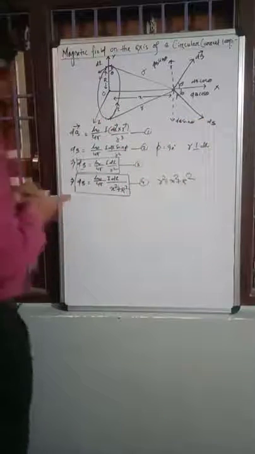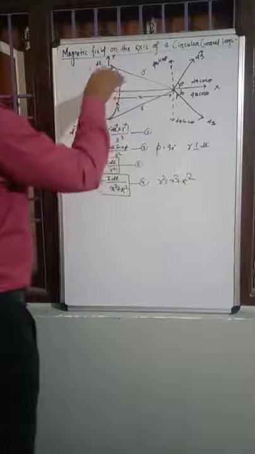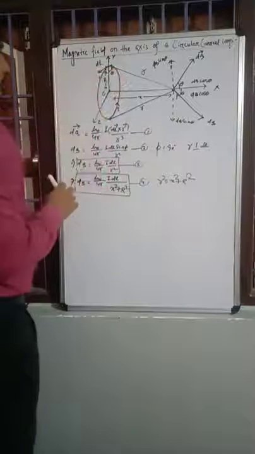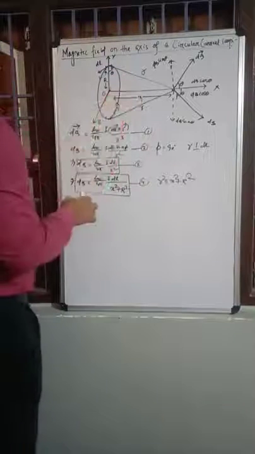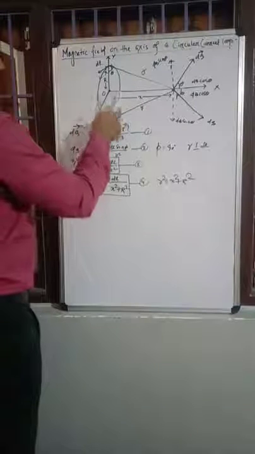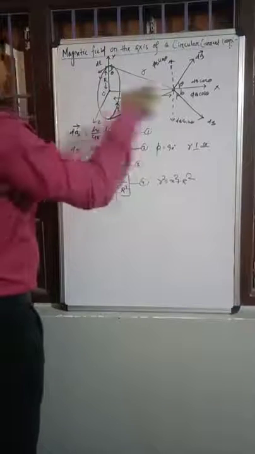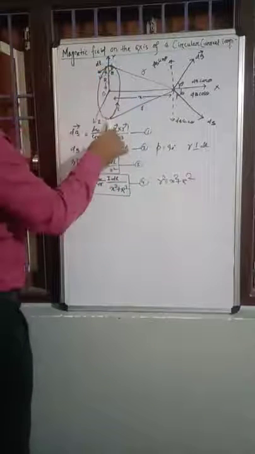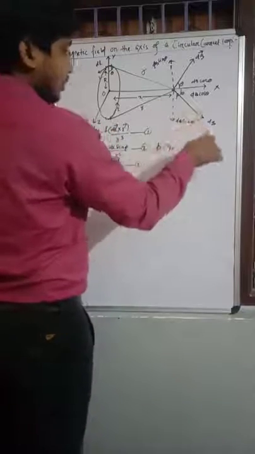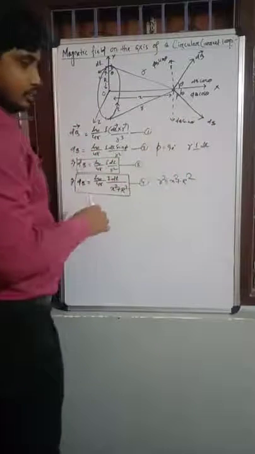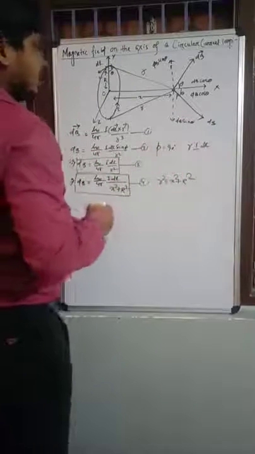Or we can also say that for every element on this loop, there will be another element just diametrically opposite to it. They will have the same magnetic field at this point P. Like that, to this dl element, another dl element is there, which will have the same magnetic field dB. Again, this dB is resolved into its horizontal component and vertical component.